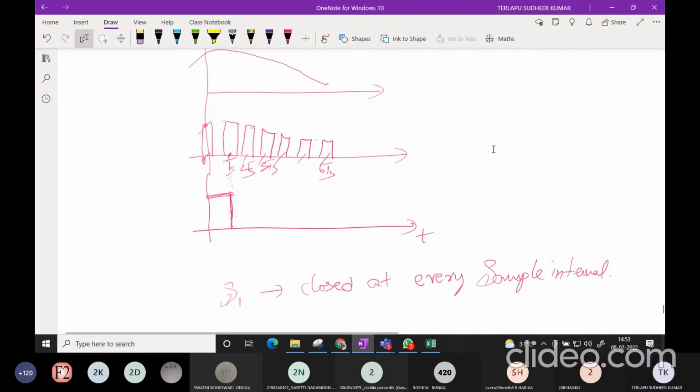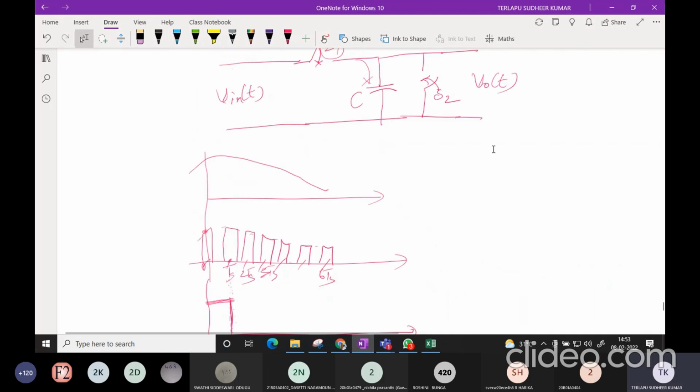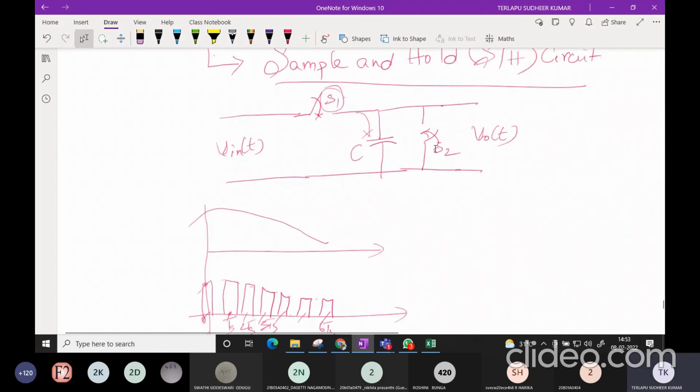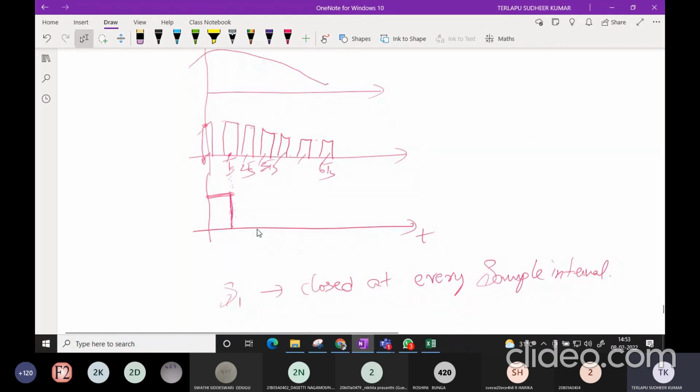Point number 1. And then once the capacitor is fully discharged, my S2 becomes open and S1 becomes closed. Try to understand my point. S2 is open after complete discharge of the capacitor. Now my S1 is closed.